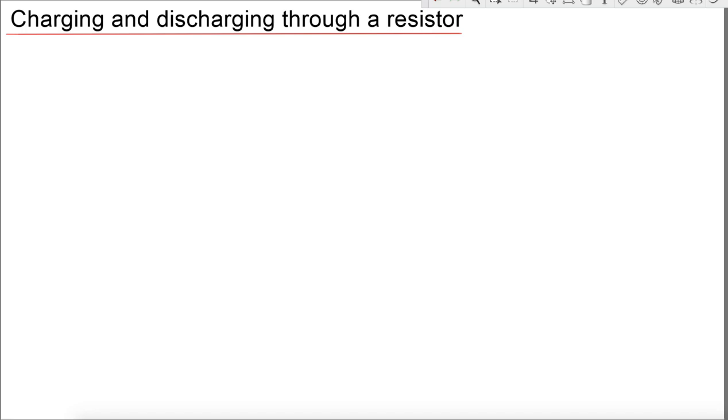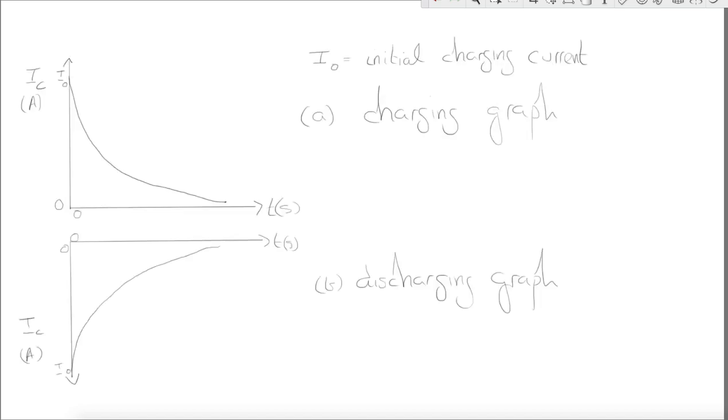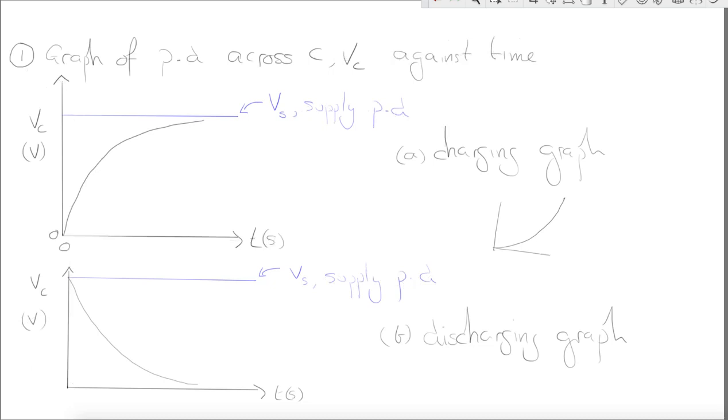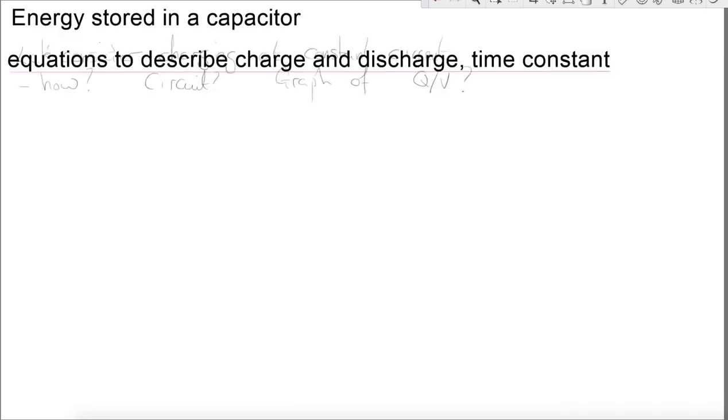We've looked at charge and discharge through a resistor. We've looked at how the PD and current vary for those. We've looked at the graphs of them for current and for PD. We've looked at the equations for those. And we've looked at the time constant.